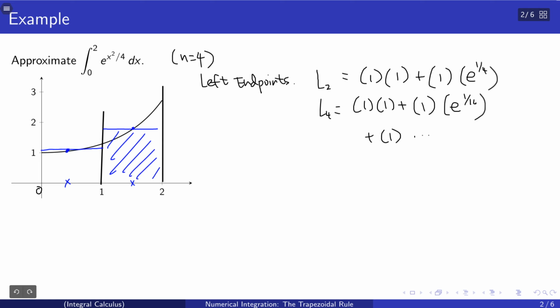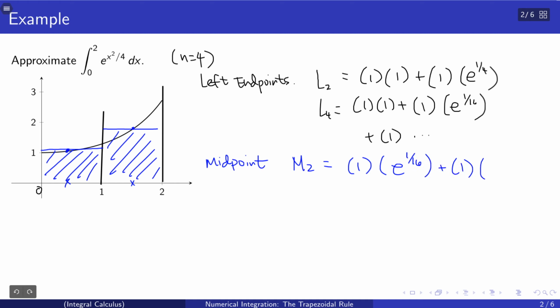It's going to look like this, and I'm going to call that M sub 2 for midpoint. The width of each rectangle is the same, still your delta x. For n equals 2, delta x is equal to 1. But now it's e raised to 1 over 16, plus 1 times e raised to 3 halves squared over 4, which is 9 over 16.